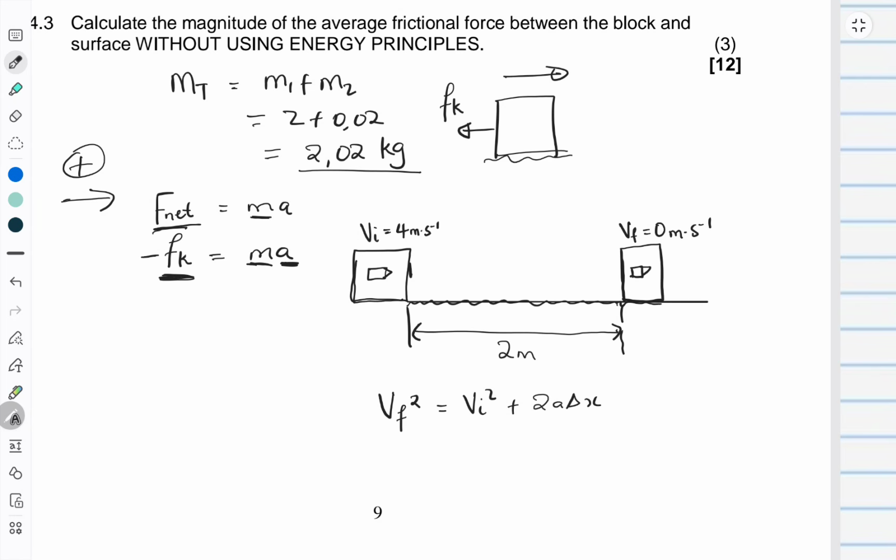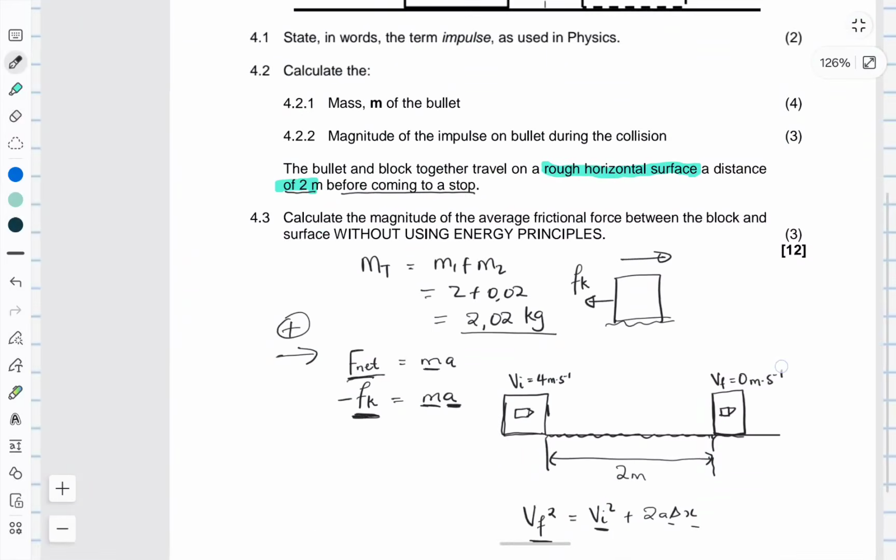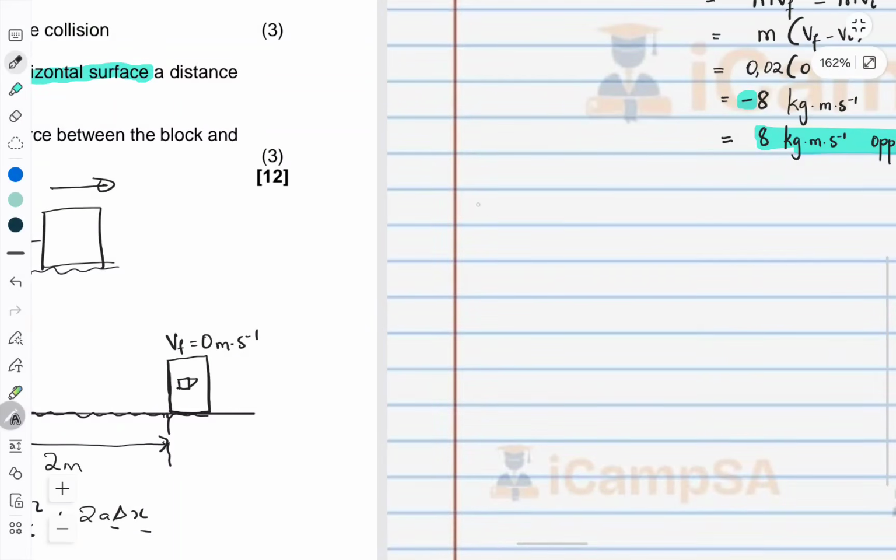So I can use this equation of motion to find my acceleration, and then I can find the frictional force. So let's come and use it. 4.3. Let's go ahead and use it. We'll just use it on this side.